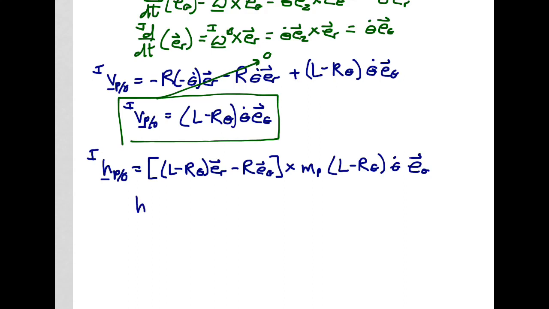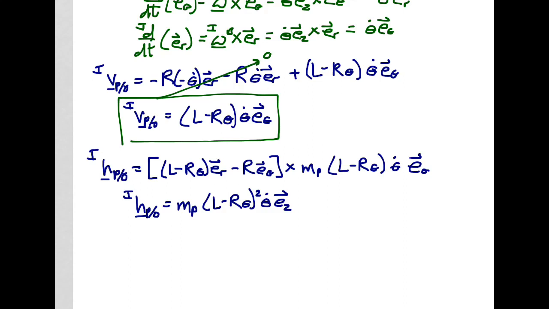And so we make this calculation with our cross product. We see that e theta crossed with e theta is going to give us 0, so the only terms we're concerned with are the r cross theta terms. And so we get the expression: mass multiplied times (L minus r theta) squared multiplied times theta dot in the ez direction.